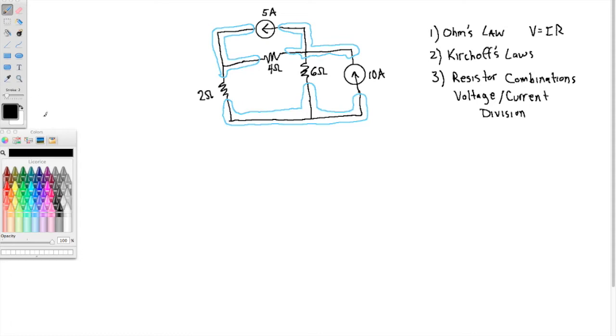So if we called this node 1 up here, maybe this node 2, and maybe this node 0, you see the 4 ohm resistor is connected to nodes 1 and 2. Well, no other resistors are connected to 1 and 2. This is connected to 2 and 0. This is 1 and 0. So no resistors are in parallel there. The 4 ohm resistor is in parallel with the 5 amp source, but that doesn't do us any good for resistor combinations. All of this is to say that what we have so far is insufficient to solve this circuit, and so we need something else.